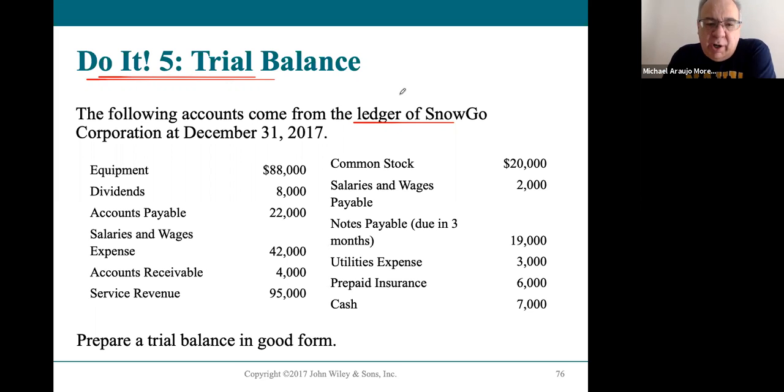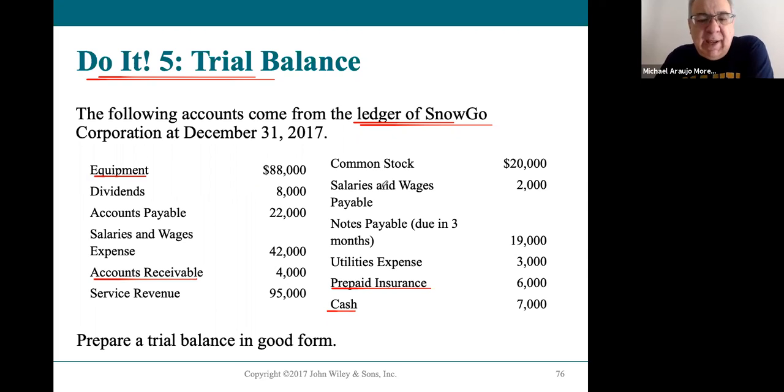But here they want to test how much you remember about the order of the accounts in the ledger. Assets would be first, so first you need to pick out your asset accounts. I have equipment, accounts receivable, prepaid insurance, and cash. Those are my asset accounts.